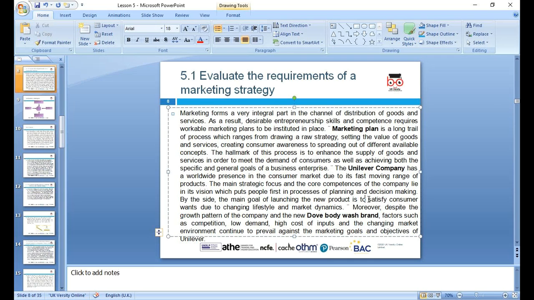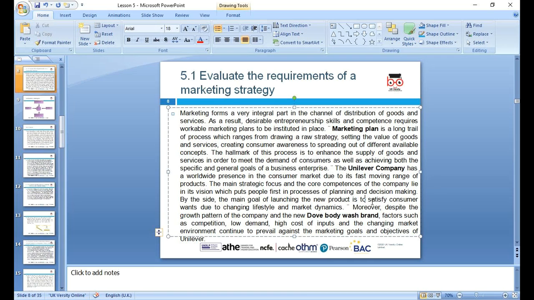PG Tips is a Unilever product as well, and various other Unilever products. Okay, fast moving range of products, the main strategic focus on core competencies of the company, its vision. So what they did: Unilever used to have 550 brands, but they reduced these to around 350 because some loss making units they got rid of, and they tried to focus on their core brands.